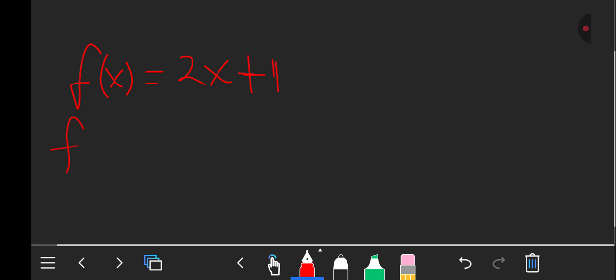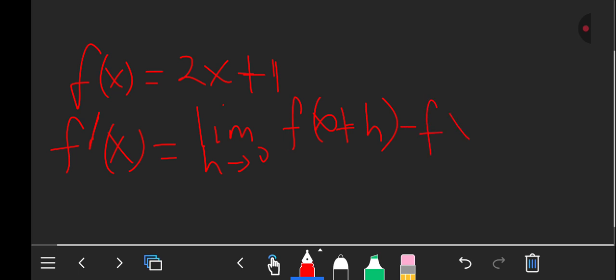So I'm going to say derivative of this function, I'm using f prime to show derivative, will be equal to, first we write the formula, limit as h approaches 0, then f of x plus h, then minus f of x divided by h.